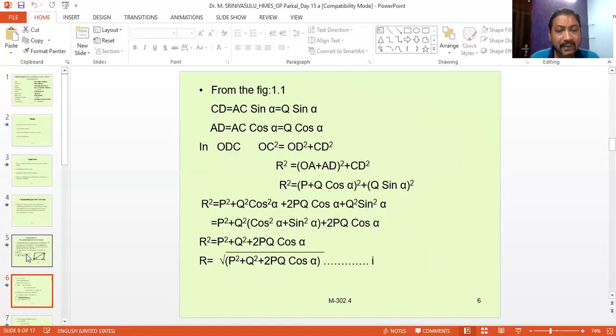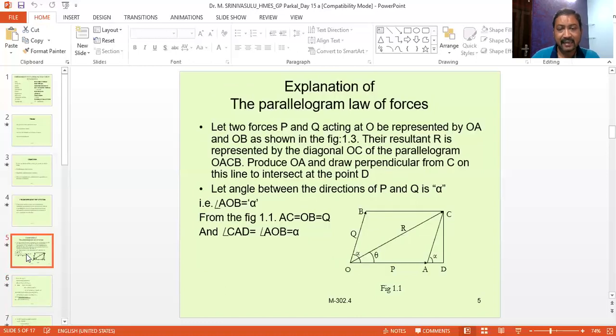Now from the figure we know that CD is equal to AC sin alpha. CD is equal to AC, which is one of the sides of the parallelogram, that is known and equal to Q, and alpha is also known. Therefore in the triangle CAD, sin alpha is equal to CD by AC.